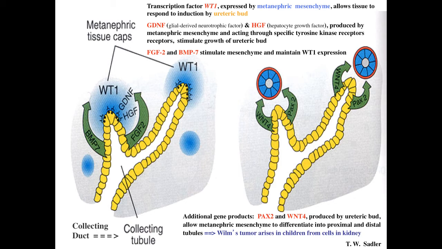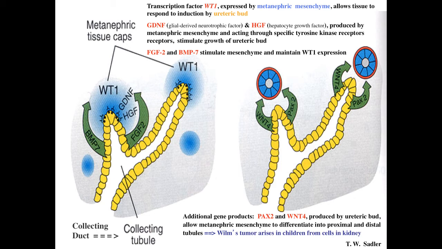Now, again, I'm not going to hold you responsible for these different transcription factors here, but something that you should keep in mind. Wilms tumor is a common tumor that arises in children from cells in the kidney, and it is when these transcription factors and the intracellular communication between the metanephric and mesonephrogenic mesenchyme go astray. You can get Wilms tumor.